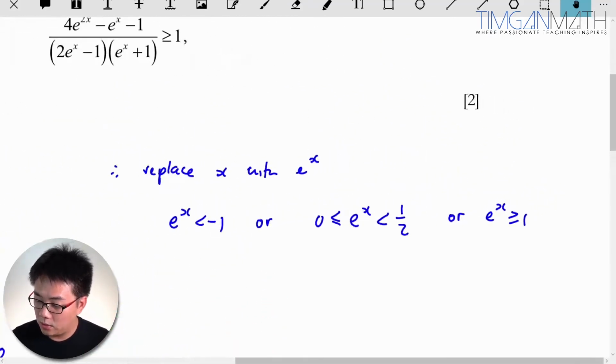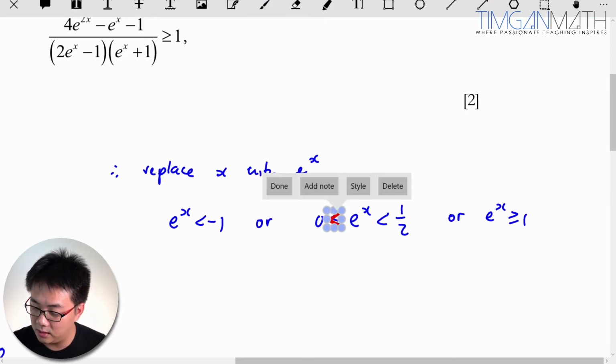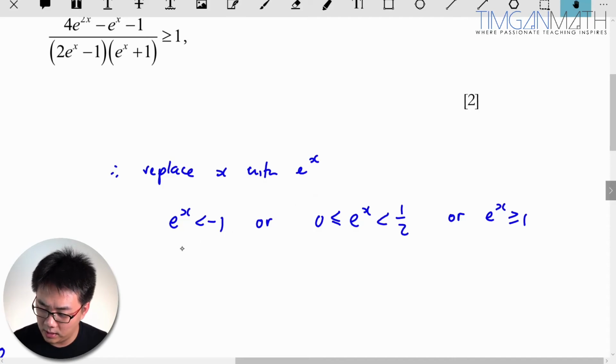What you need to consider is rejecting this part here. e to the x cannot be less than 0, so you reject the lower limit, but I don't think it will affect later as e to the x is bigger than 0.